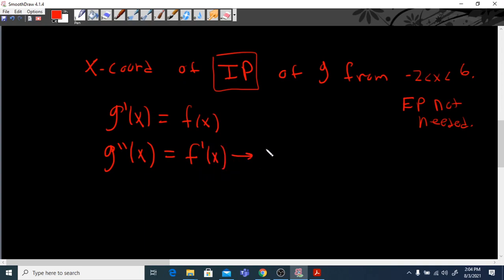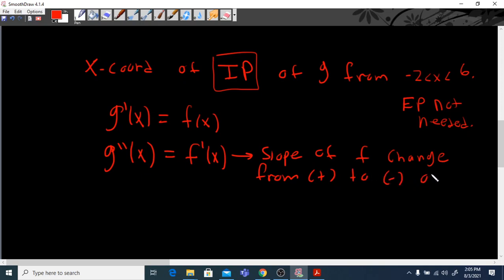So we want to know where the slope of f changes from positive to negative, or the opposite, right? Any sign change, or negative to positive. That's what we're trying to figure out here. Okay, that's going to give us our inflection points.